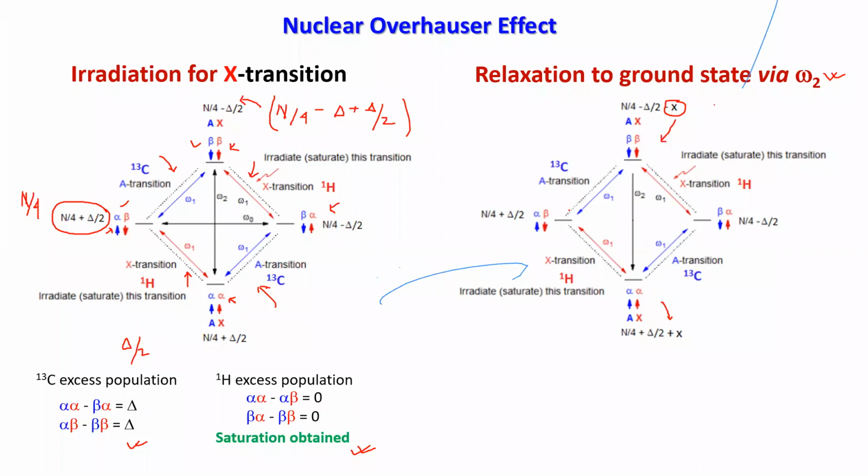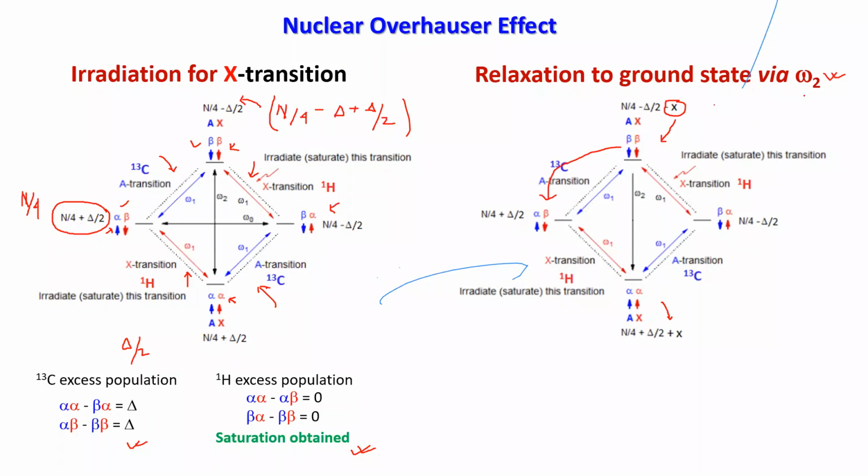I have no option for this alpha beta and beta beta transition because those are single quantum transitions, right? If I take beta beta to alpha beta, if I consider this transition, that relaxation can happen, but that is not a two quantum transition in this particular case.